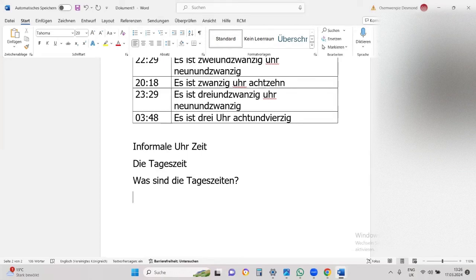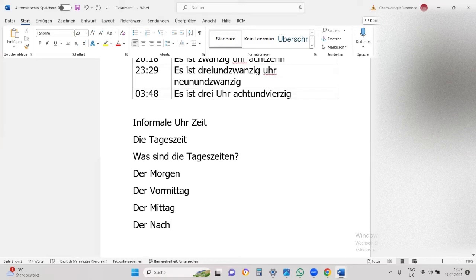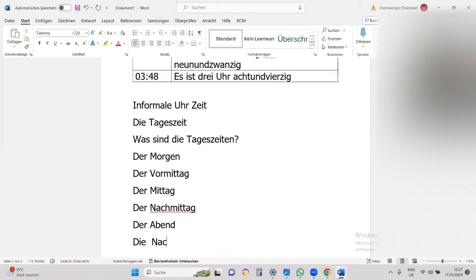So, die Tageszeiten sind: wir haben der Morgen, early morning; der Vormittag, late morning; der Mittag, that's noon; der Nachmittag, that's late afternoon; der Abend, this is evening; und wir haben die Nacht.